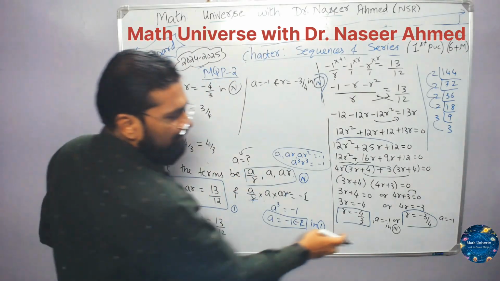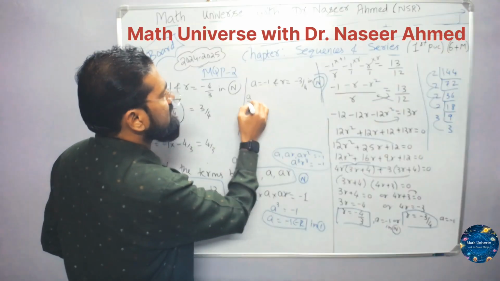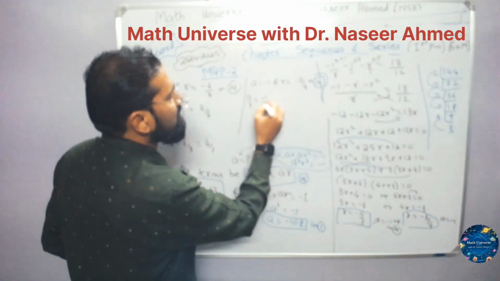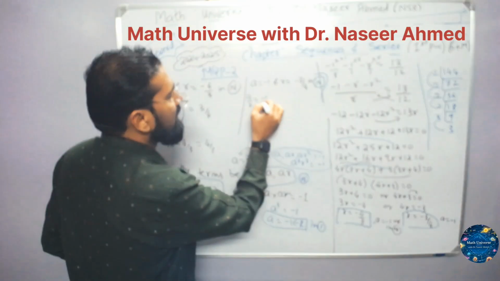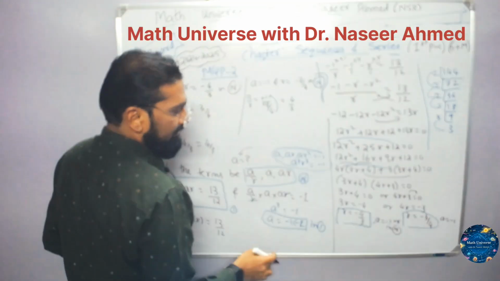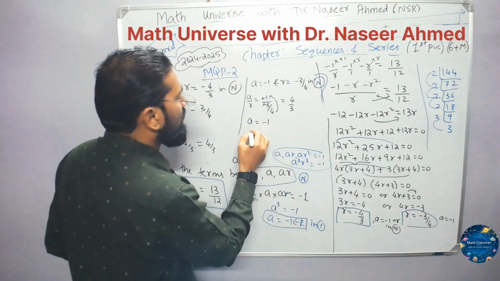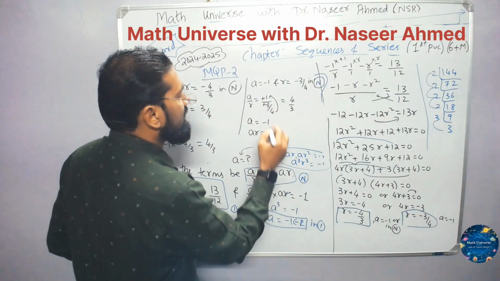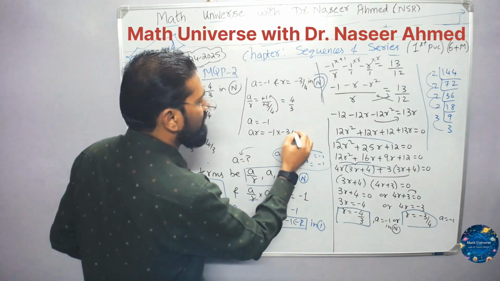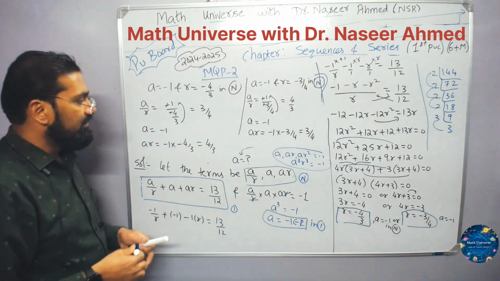So see, equation number n, here a by r. What is a? Minus 1. What is r? Minus 3 by 4. Negative will get cancelled here. 4 will jump up. I'll get 4 by 3. Then it is a. What is a? Minus 1. Then it is a into r. What is a? Minus 1 into minus 3 by 4. Minus minus plus, I'll get 3 by 4. Okay, so let's conclude.